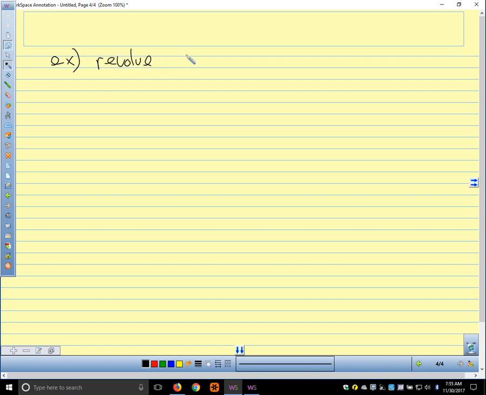Let's revolve 8x squared equals y cubed about the x-axis. We want the equation of the surface.